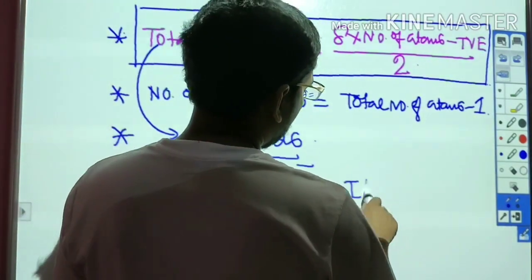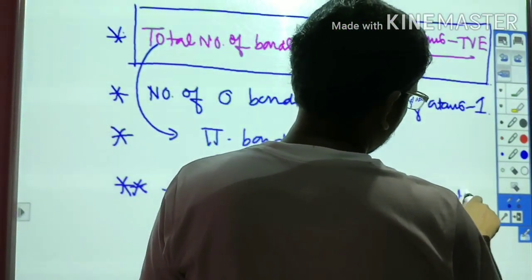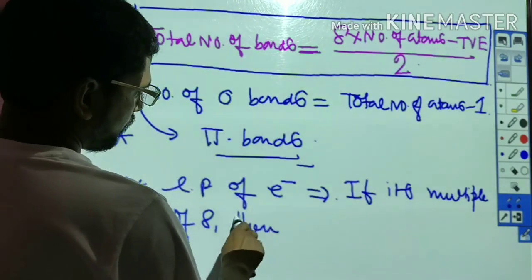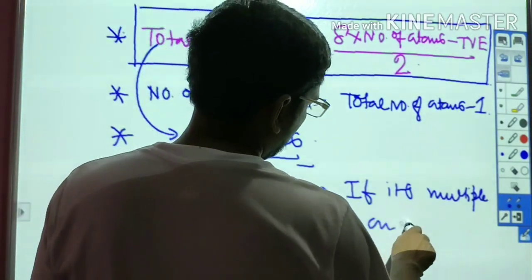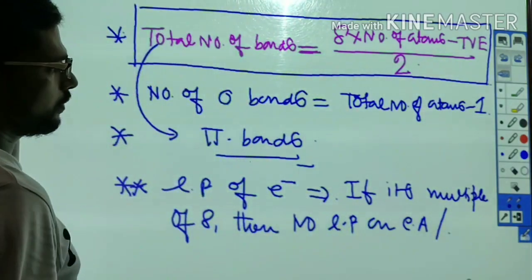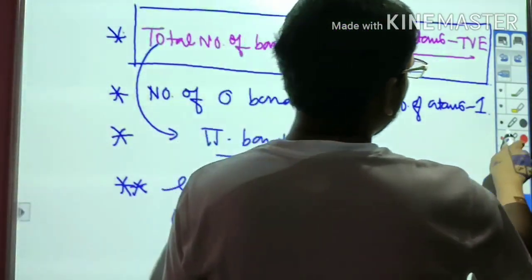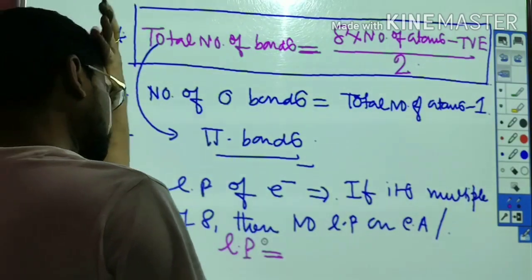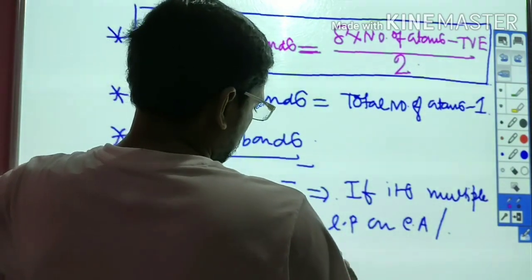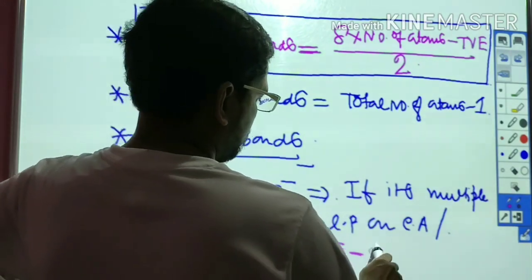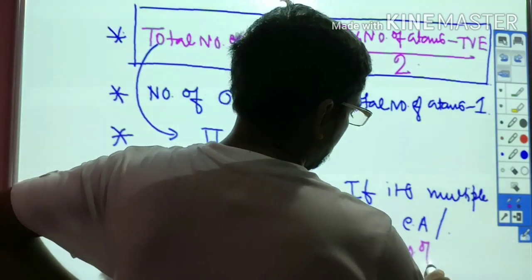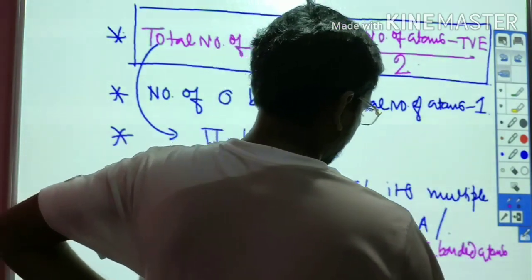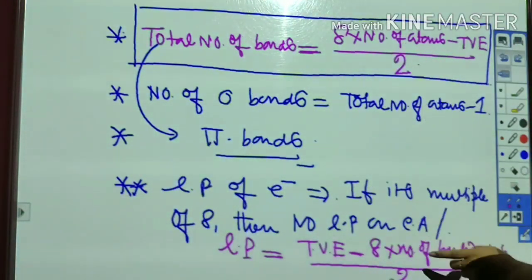If it is a multiple of 8, then no lone pair on the central atom. And if it is not a multiple of 8, then we will use a formula: lone pair is equal to total valence electron minus 8 into number of bonded atoms, divided by 2.